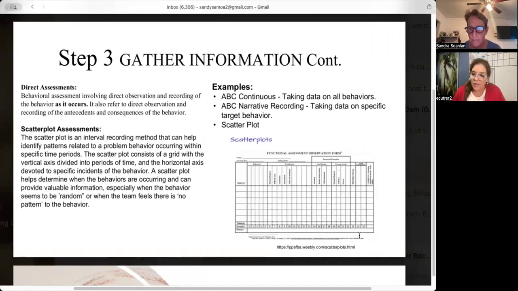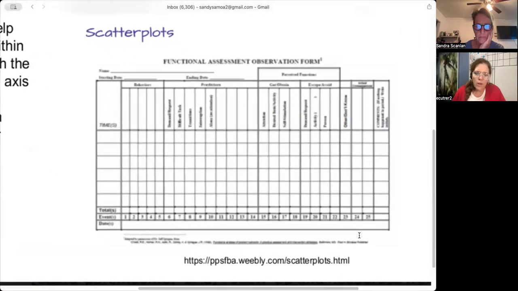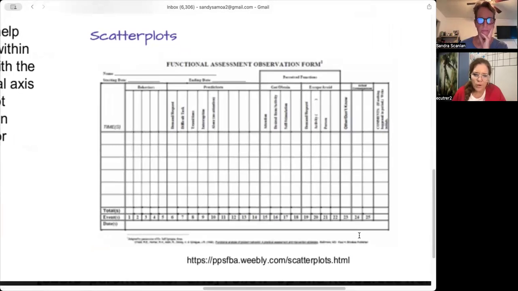There are scatter plots you can get online that are free. I'm sorry that the words are so blurry, but basically it's telling you when it's happening and why it's happening. And you just put a tally; typically that's how they are.